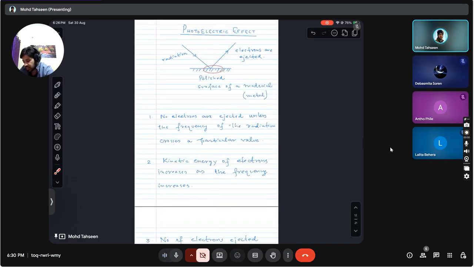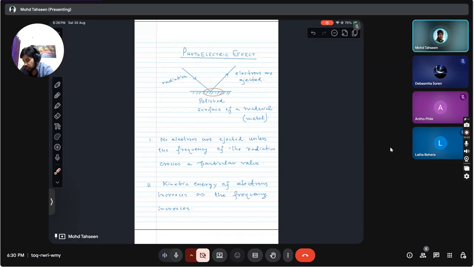But what Einstein did was he assumed that radiation itself consisted of small packets of energy which have a certain frequency and certain energy associated with them, right?